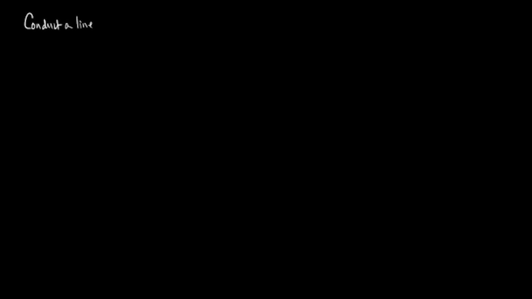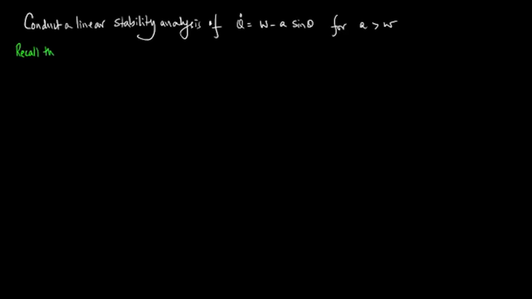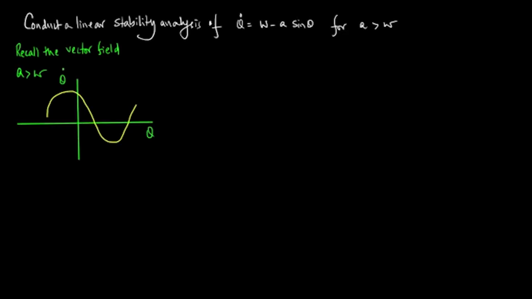So we conduct a linear stability analysis of theta dot is equal to omega minus a sine theta for a greater than omega. Let's recall the vector field for the case where a is greater than omega and plot theta dot versus theta. Remember that we had one unstable and one stable fixed point.